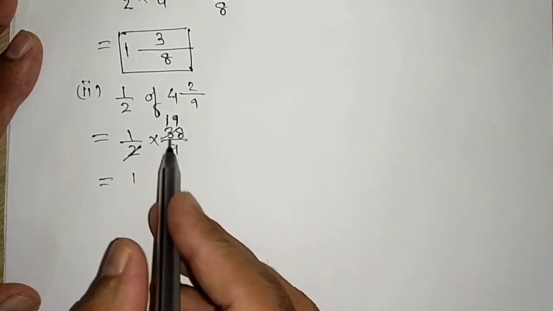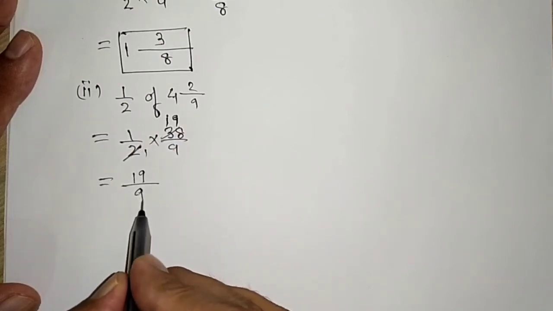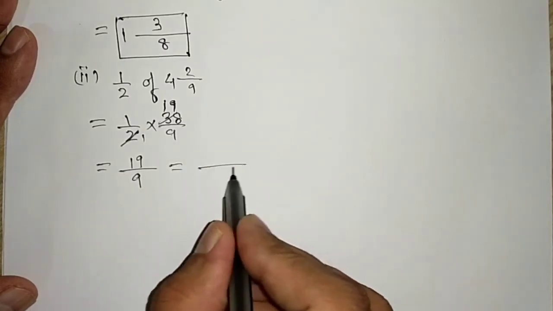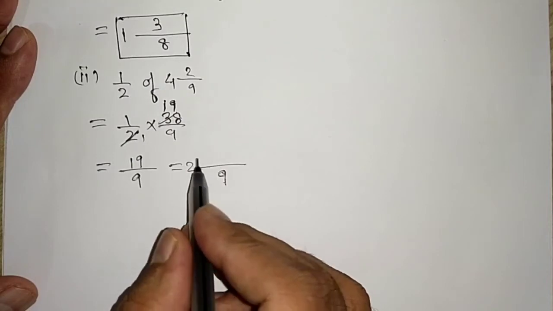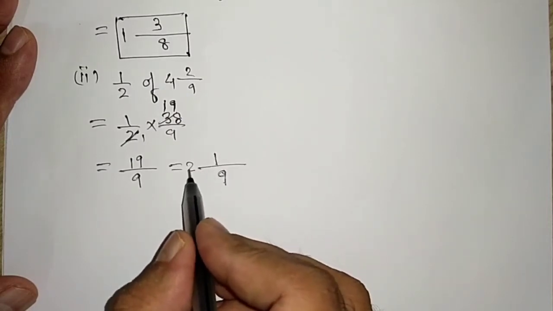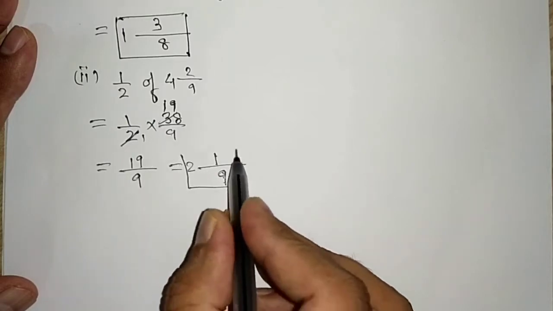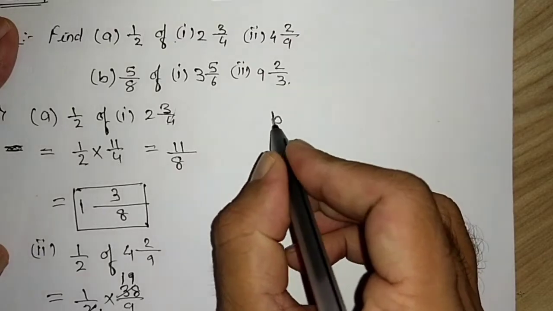So your answer will be 19 1s are 19 and 9 1s are 9. Converting into a mixed fraction: 9 2s are 18. What is the remainder? 1. So 9 2s are 18 plus 1 will give me 19 by 9. This is your answer.